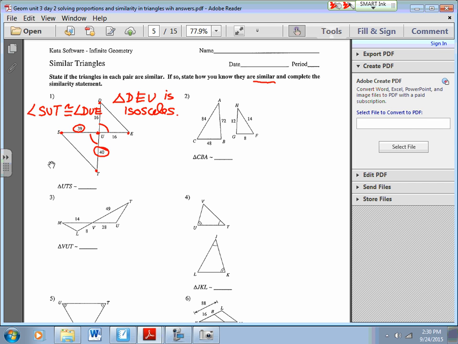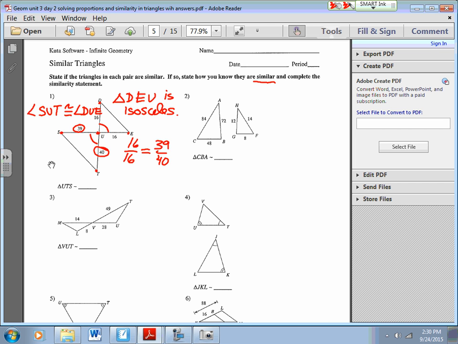The only thing I have right now is that there's vertical angles that are equal. I need at least two angles in both of the triangles to show that they're equal to each other. I don't know any other angle measurements. The only other thing I can do is check to see if the proportions are the same. 16 over 16, does it equal 39 over 40?